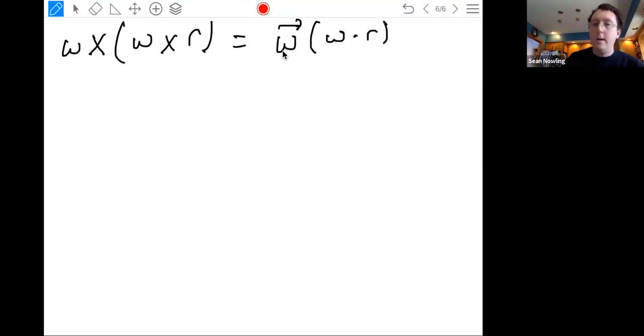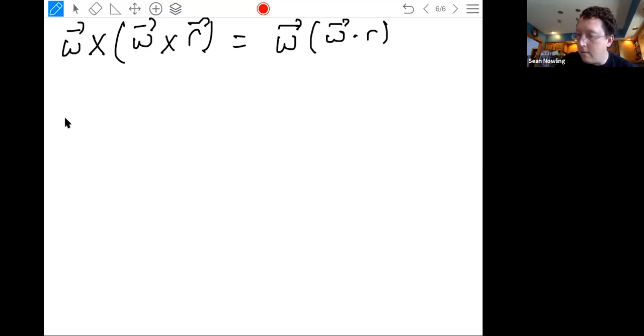Okay, so we have the following relationship that we're trying to show, that omega cross the quantity omega cross R equals omega times omega. I should put my little vector symbols here. Omega vector.